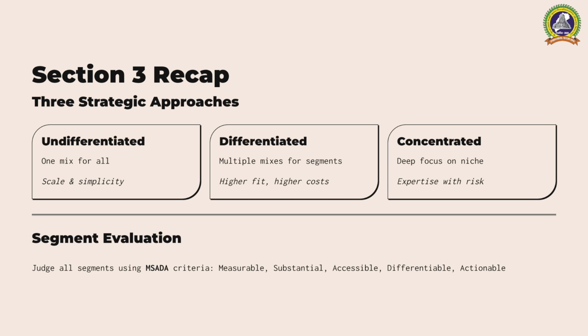Third, concentrated marketing, focusing all your efforts on one narrow niche market. And remember, not all segments are good segments. To be effective and useful, a segment must be measurable, substantial, accessible, differentiable, and actionable.